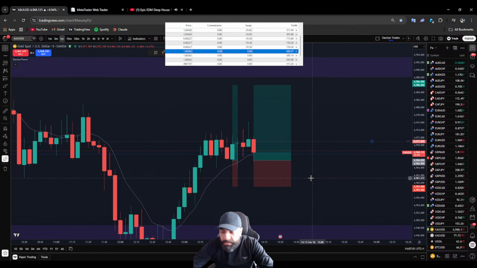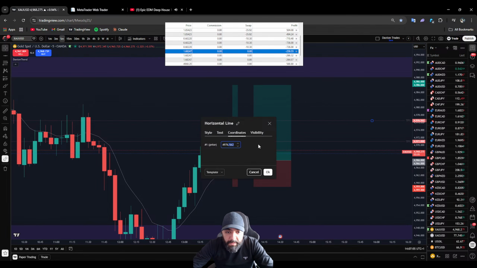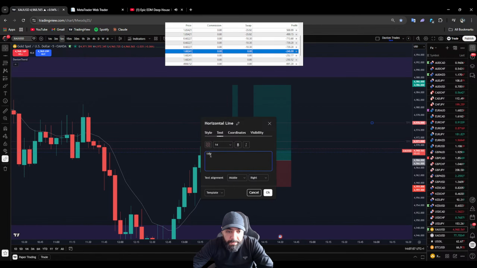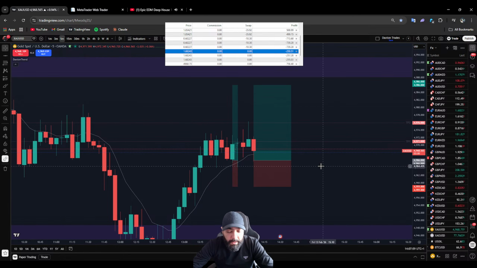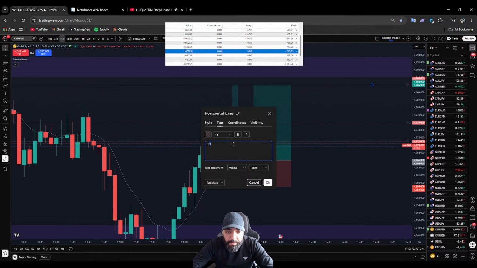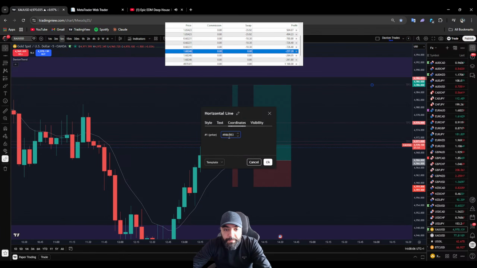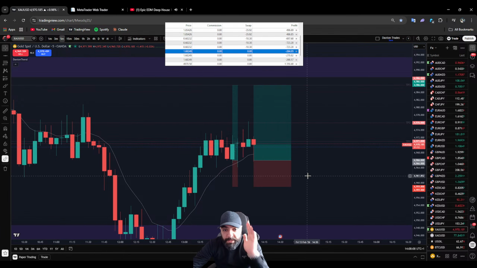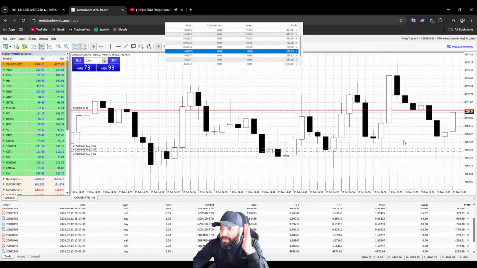Here we have 2 minutes left for this candle to close. 76 is the TP2 and this is the TP3 at 86. So let's just hope that we get to the TP1 and move my stops to the entry.